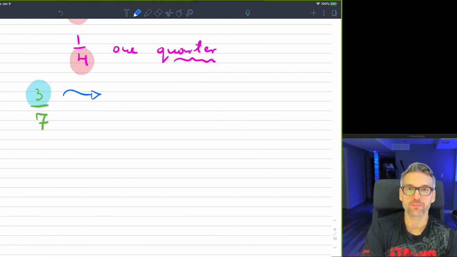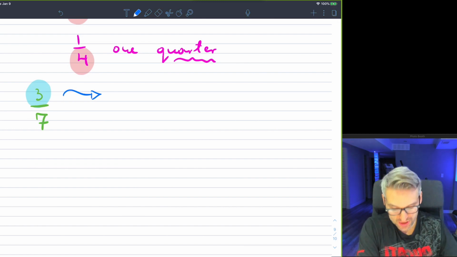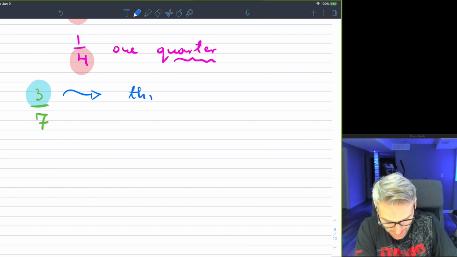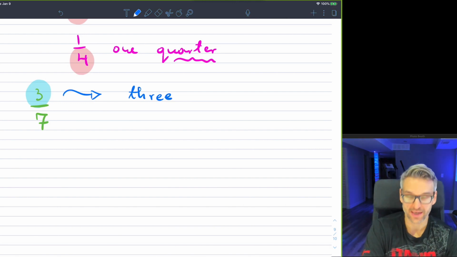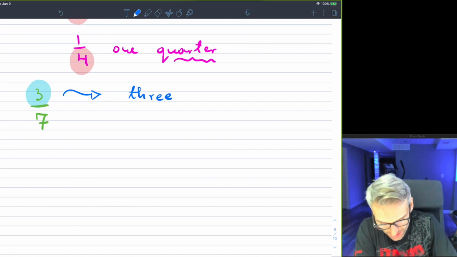And we name it as a cardinal number. You may not know the word cardinal number, but you certainly know how to count numbers. For instance, 1, 2, 3, 4, 5, 6, 7, 8, 9, 10, 11, 100, 254. Those are just cardinal numbers. In this case we would state 3, because that is the 3 in the numerator. Now, instead of saying over 7, we do not say over.